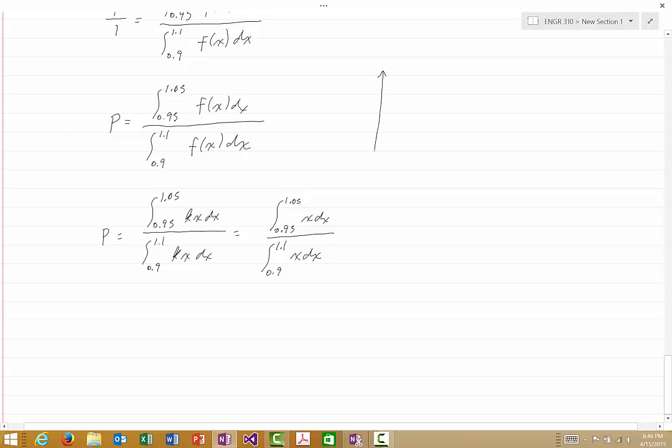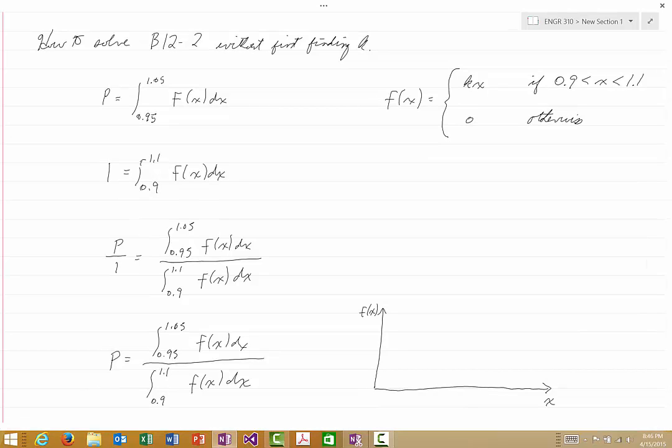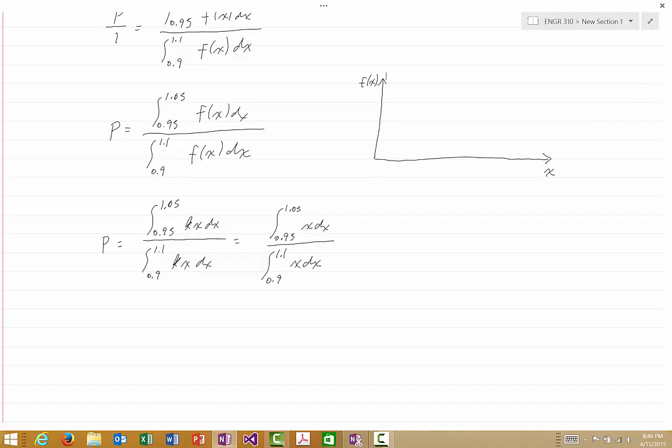So if we think about the f of x that we have for this problem, here's x, and here is f of x, and remember f of x is equal to kx when x is between 0.9 and 1.1. So I can say that somewhere this will be 0.9 and this will be 1.1, and we're going to have something like this.